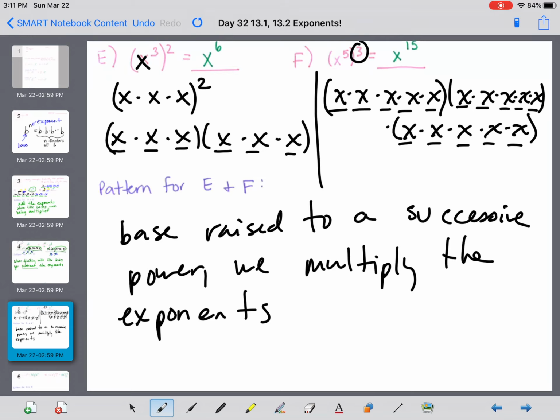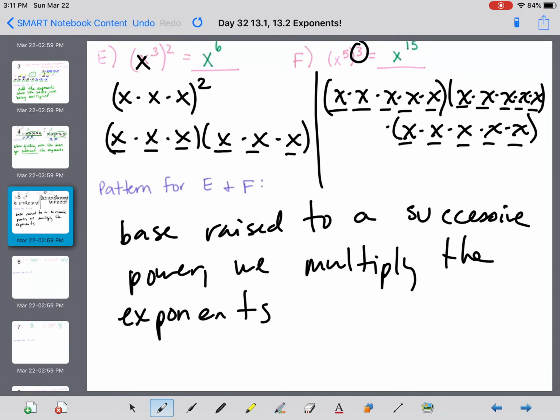Okay, successive power means a power right in a row. X to the third raised to the second power. Okay, successive powers, so that's when we know we're going to be multiplying the exponents together.